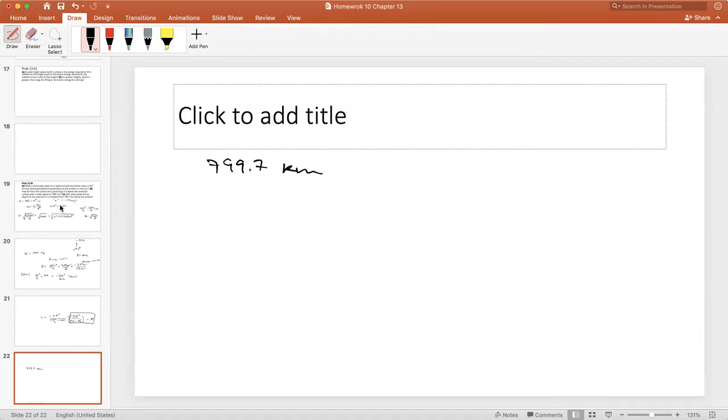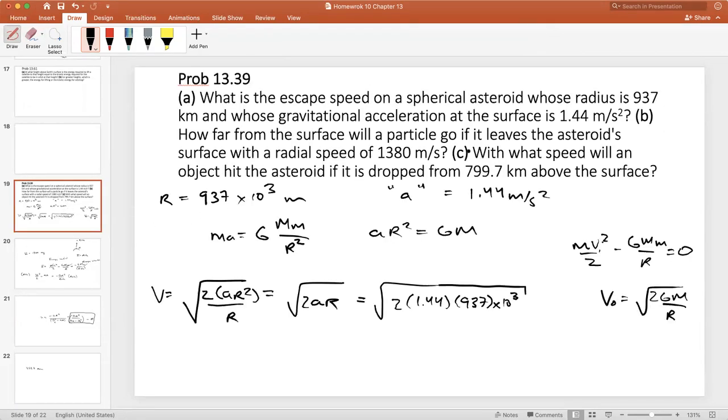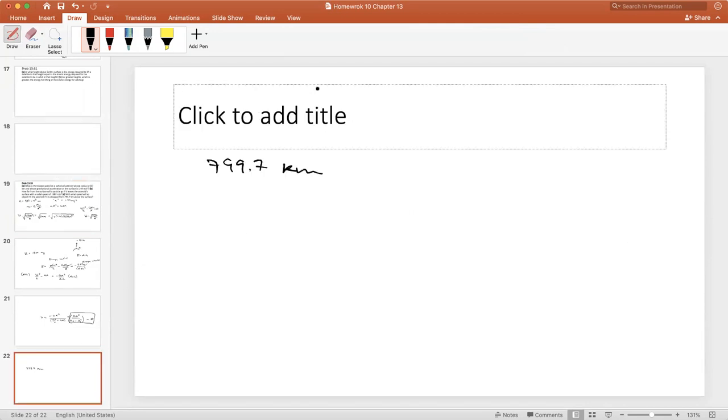So we're going to assume that it drops from 799.7 kilometers above the surface. We're going to assume at that point that it has no velocity. So the energy at 799.7 times 10 to the third meters, and the energy at the surface, we need to set those two things equal and solve for V at the surface, okay?